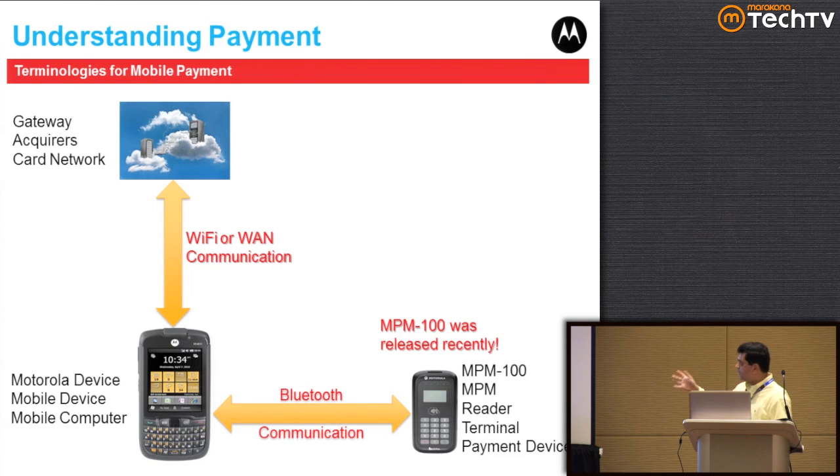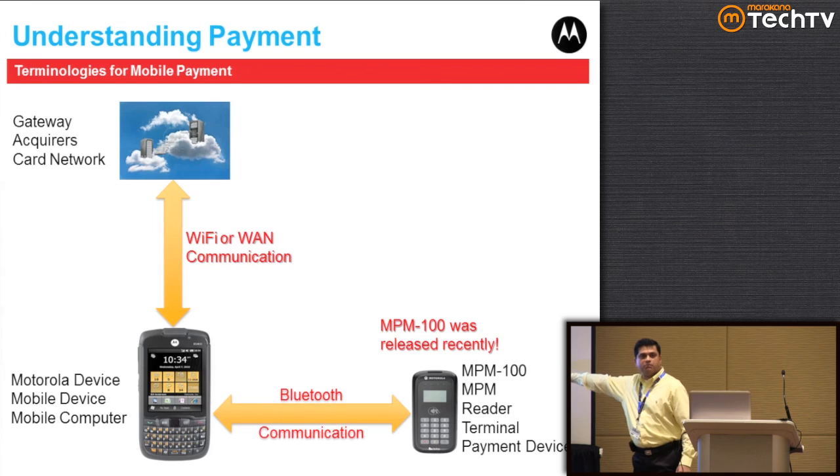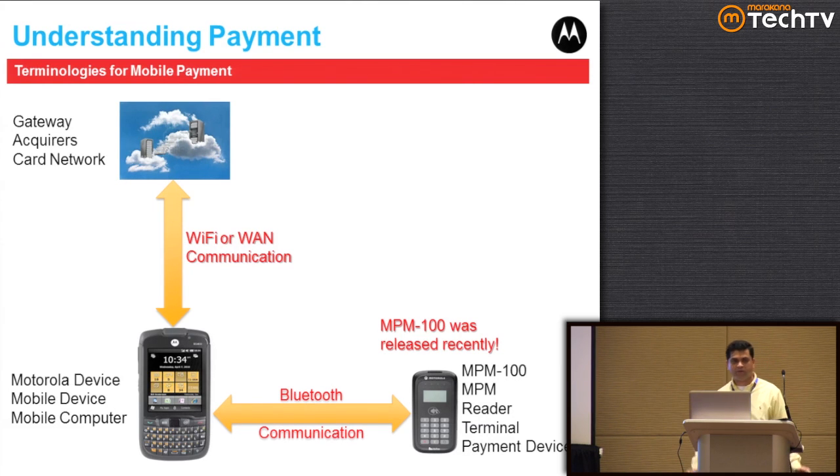So this is what happens. This is the latest device that I was talking about, the MPM 100. We also call it MPM, Mobile Payment Module. At least in this discussion, I may say reader, terminal, payment device, any one of these names. And then we have the Motorola device, mobile computer. That's for our devices, right?